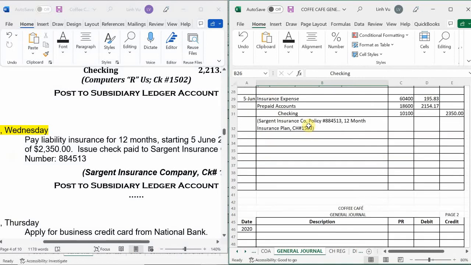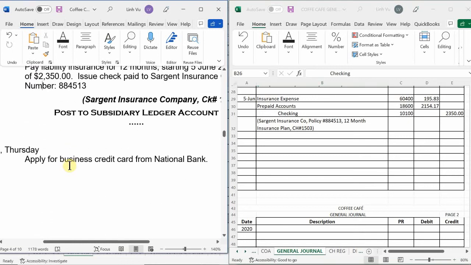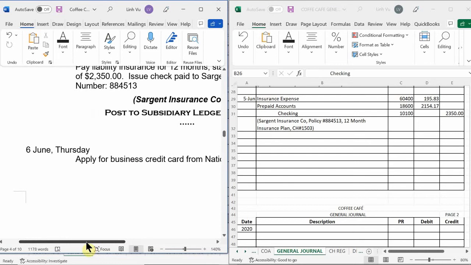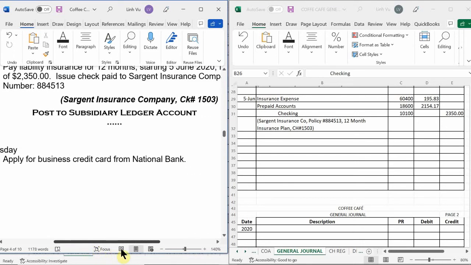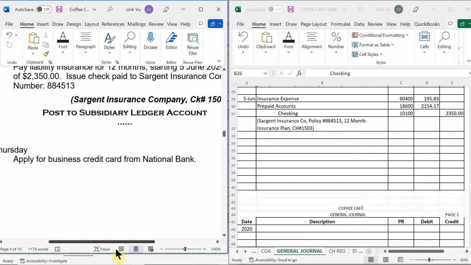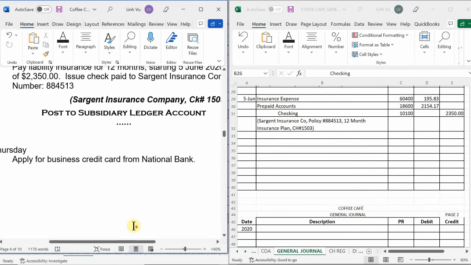We're at the very bottom of page 1. Let's see what happened next. It says here, we decided on June 6th to apply for a business credit card from National Bank. So what happened here? Nothing, right?